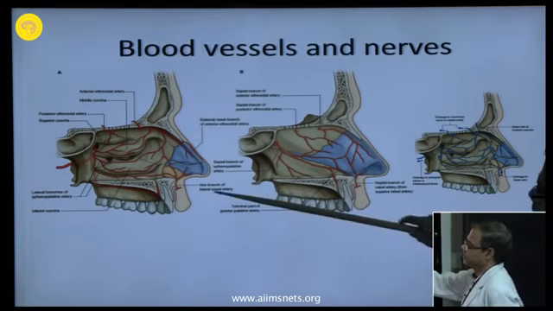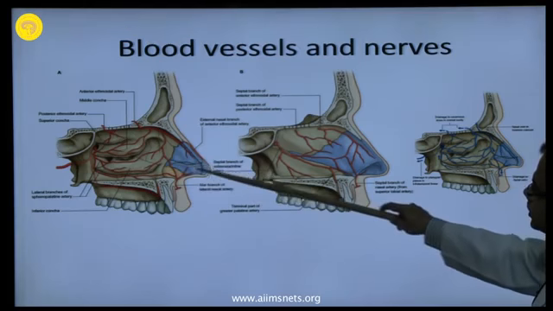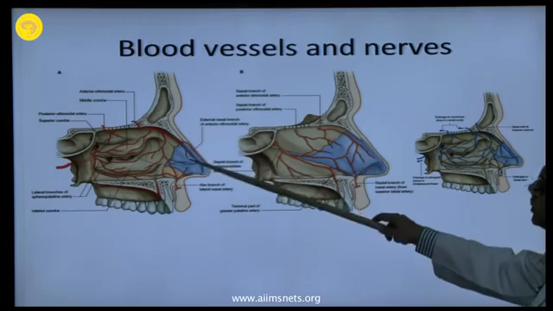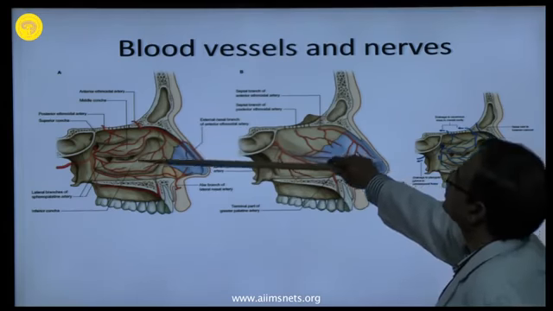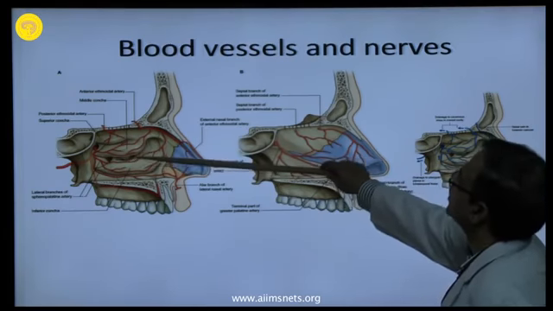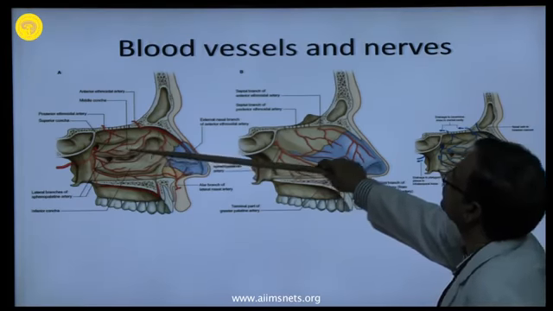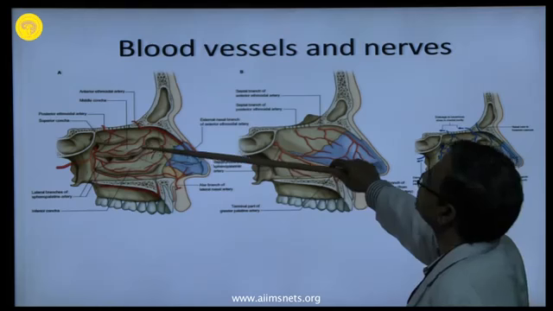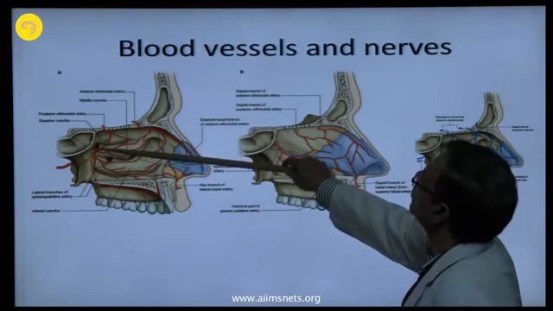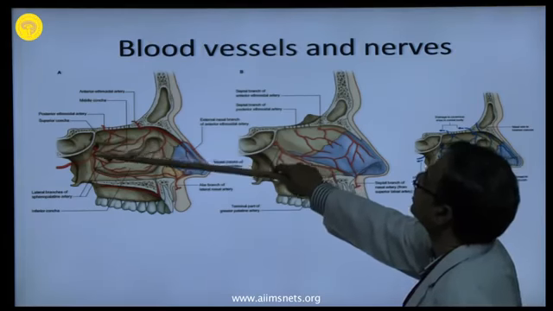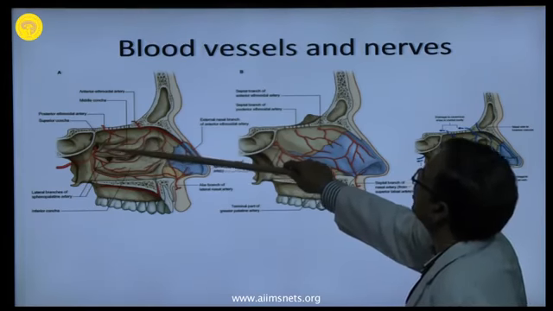You know that any trauma to this area or Little's area may give rise to bleeding, and as I was saying, here is the maxillary hiatus opening. This is the middle meatus, middle concha actually. If you go straight, you will get this foramen, the sphenopalatine foramen, where the branches of the sphenopalatine artery and the nasopalatine nerves will be there.